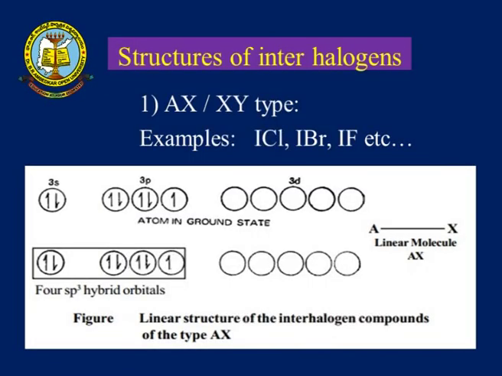The iodine ground state electron configuration is 5s2, 5p5, right. In the ground state, one p orbital has 1 electron, the remaining p orbitals and the s orbital are filled with 2 electrons, but here the 5d orbitals are vacant. It is the ground state, alright.